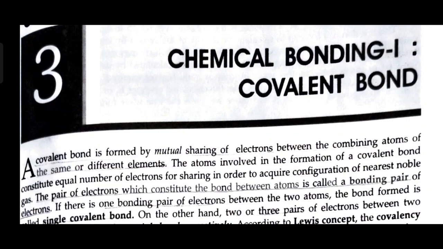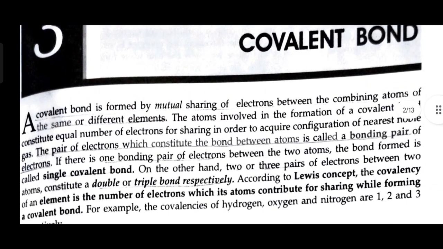A covalent bond is formed by mutual sharing of electrons between the combining atoms of the same or different elements. The atoms involved in the formation of a covalent bond contribute an equal number of electrons for sharing in order to acquire the configuration of the nearest noble gas.